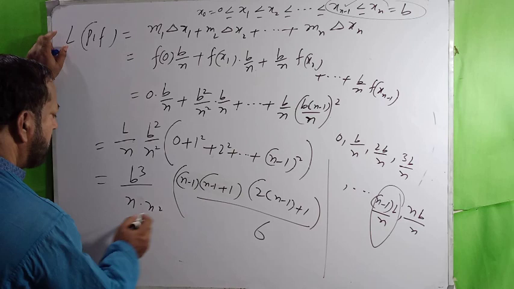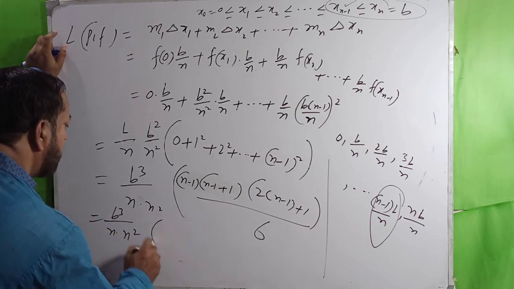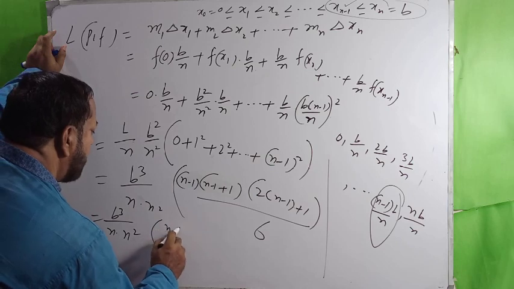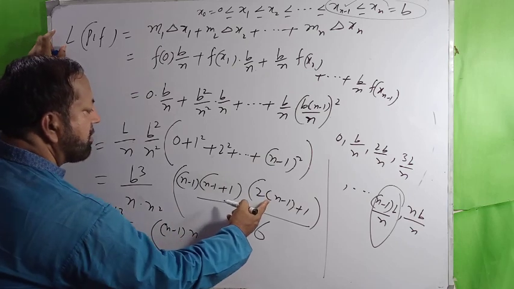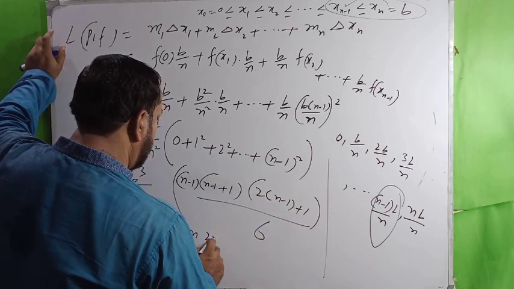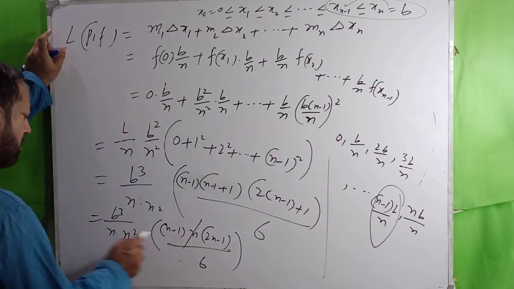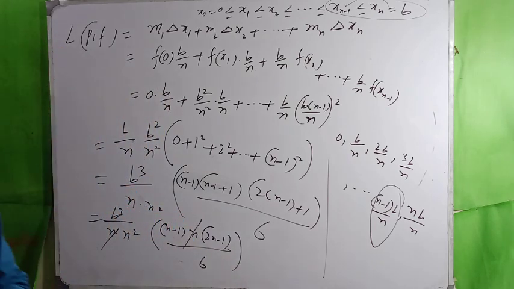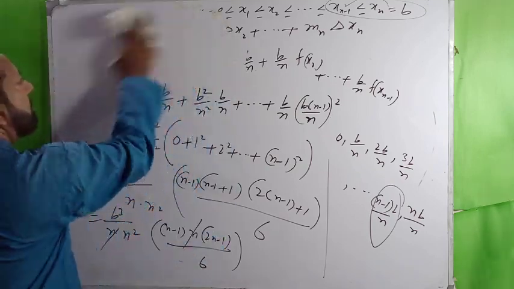So what is this? B cube by n into n square, into this one is n minus 1 into n, and what is this? 2n minus 1 plus 1, this is 2n minus 1 divided by 6. Yes, these are cancelled again. What remains inside?